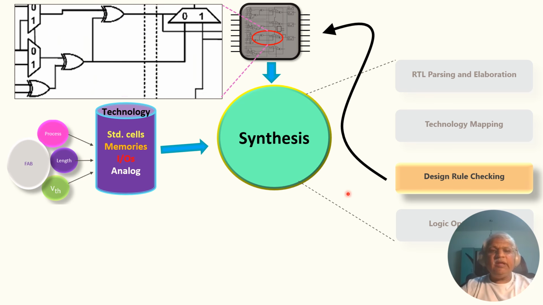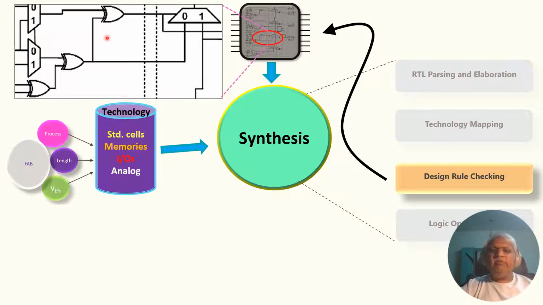So we will be analyzing a portion of the circuit to illustrate the benefit of design rule checking. Here, maximum transition, maximum capacitance, and fan out also, but fan out is indirectly now covered as part of the maximum capacitance.